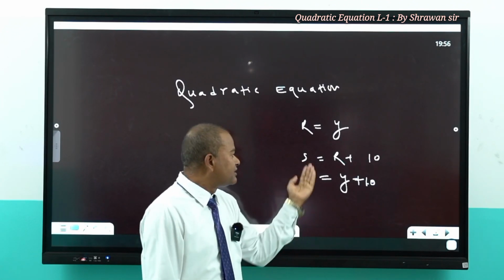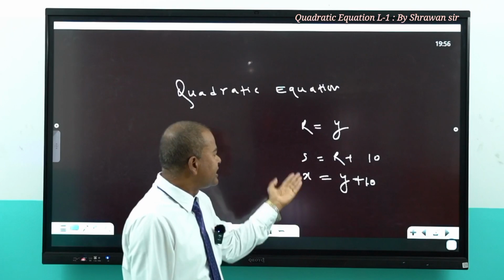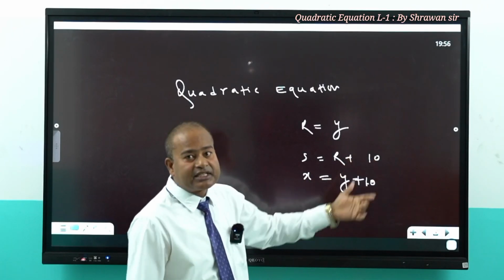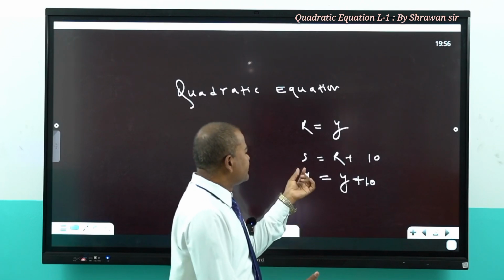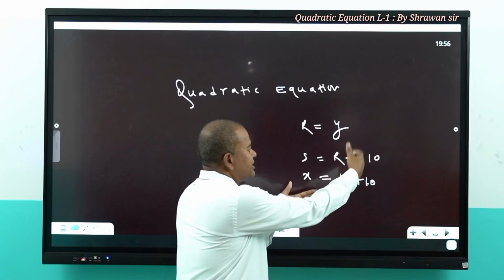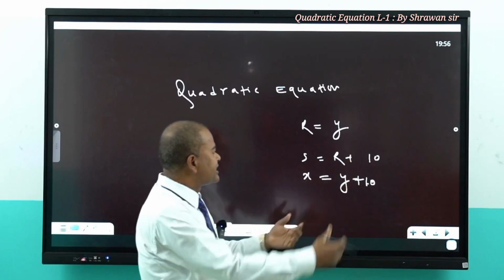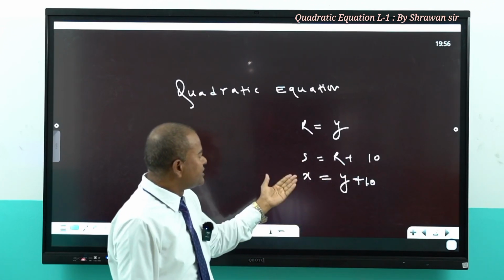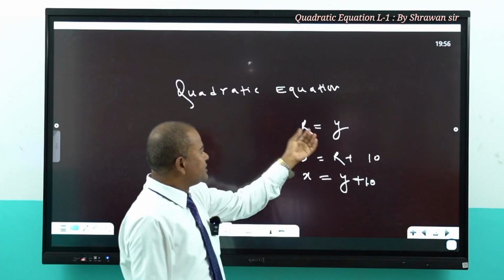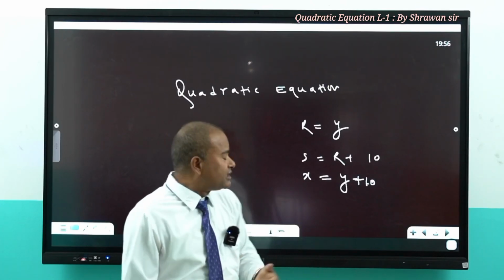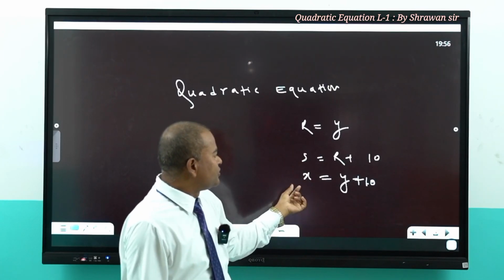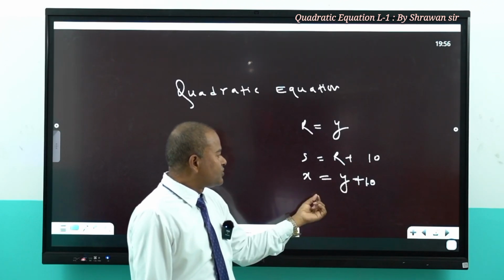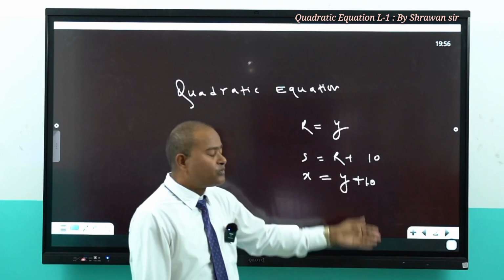The statement on the left hand side is the money with Sam, and the statement on the right hand side is the money with Ram plus 10. After studying the relation between the money with Ram and Sam, we get the equality between two statements, and we have found X is equal to Y plus 10.